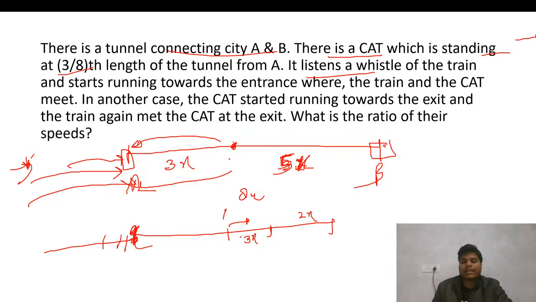Now the train is here, the cat is here, and time is constant, so the speed ratio of cat and train will be the distance ratio. The cat will cover 2x distance and the train will cover 8x, so the ratio is 1:4. Fine.